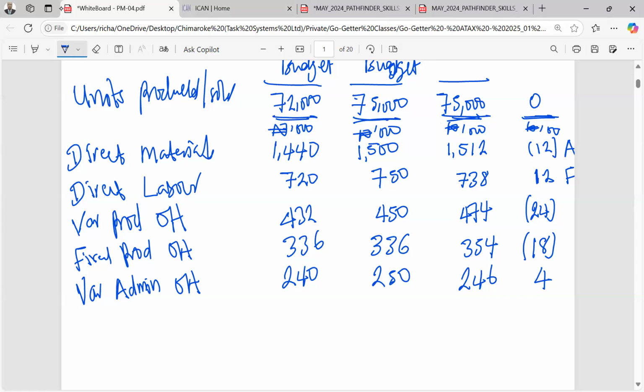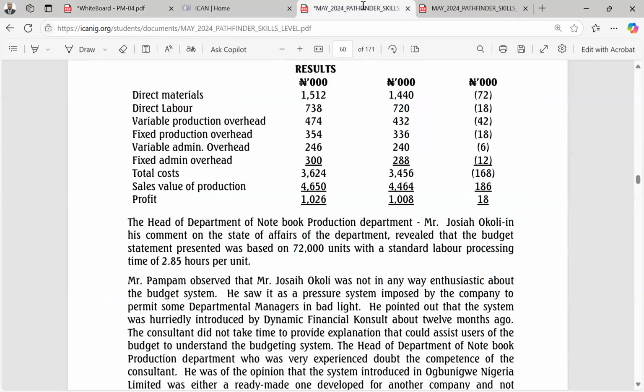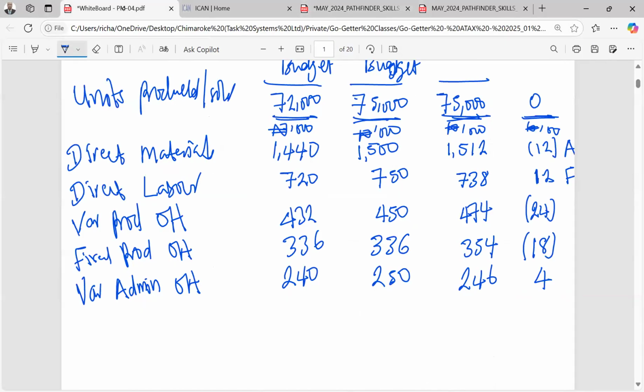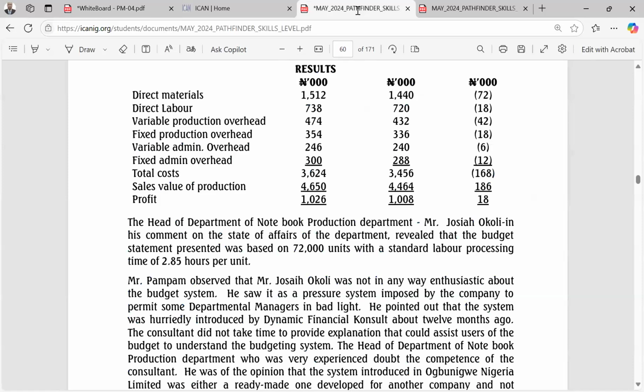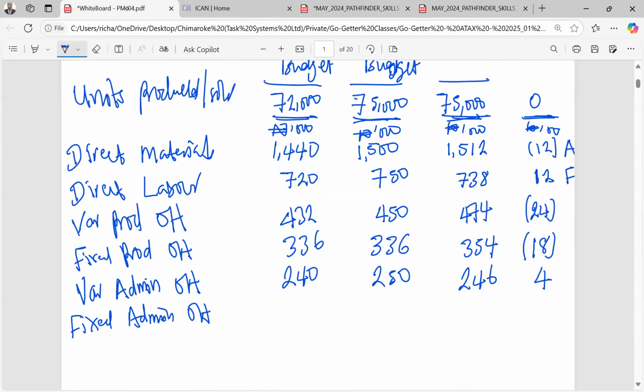The next one is fixed admin overhead. What were we given? We are given 300 as actual results.